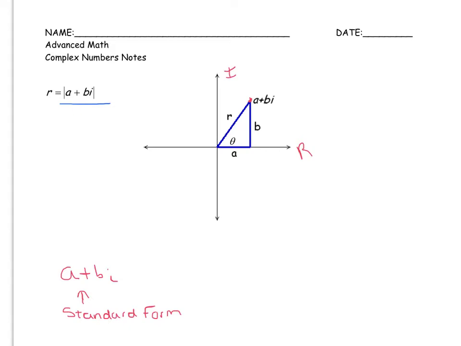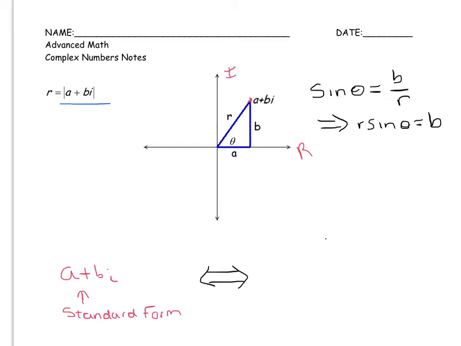So, to make that clear, let me just show you how we can substitute the a and the b here in standard form with r and theta expressions. So as usual in the diagram we see that the sine of theta is equal to b over r, which implies, multiplying through by r, that r times sine of theta is equal to b.